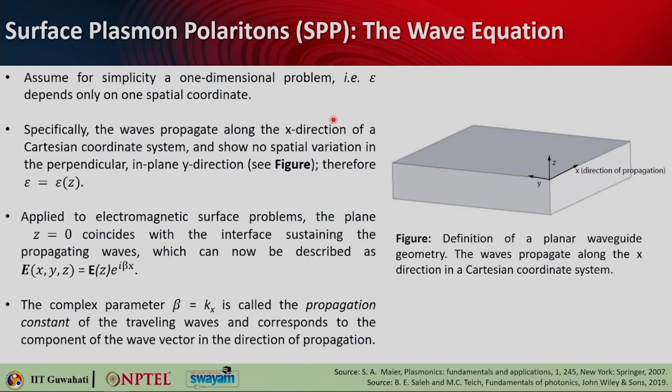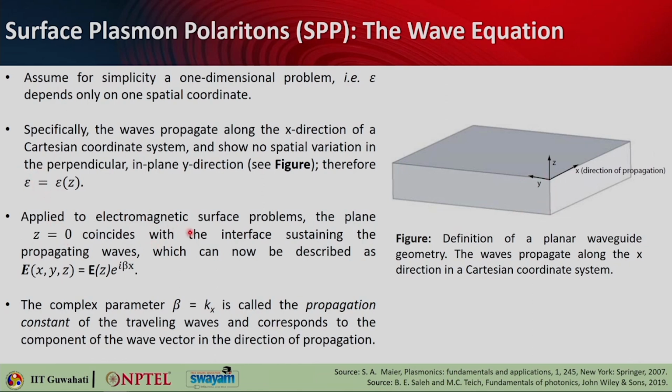You can think of a planar waveguide kind of geometry, and the waves here propagate along the x direction in the Cartesian coordinate system. There is no variation along y. So, permittivity is only a function of z.